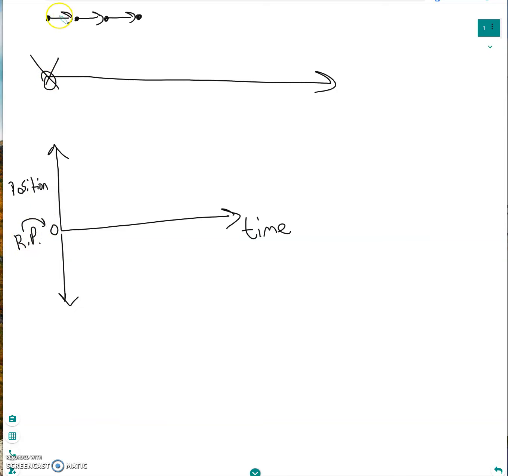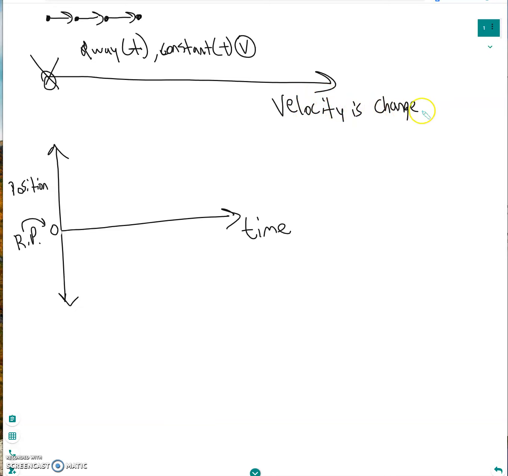Okay, so our object is going to start at the reference point. It's going away, which is the positive direction, with a constant, and we're going to call it, again, positive velocity, right? Velocity is the speed, right? And how that works down here is velocity is the change in position, which if you think about it as a rate of change, that's just the slope of the line, right?